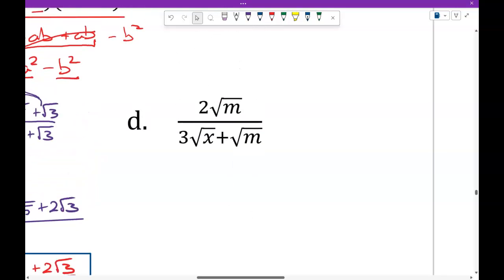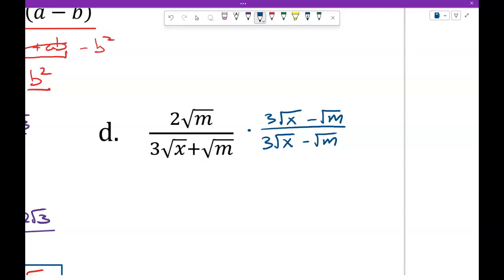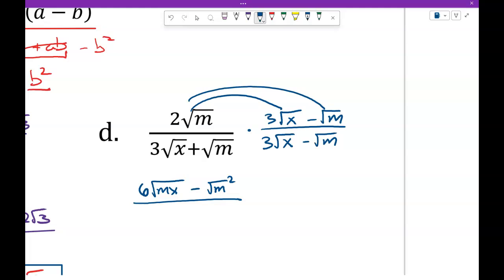Last example here, our conjugate is 3 root x minus root m. We'll distribute: 6 root mx minus root m squared over a squared minus b squared.